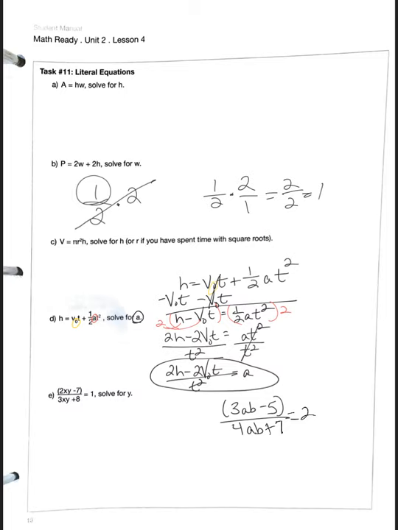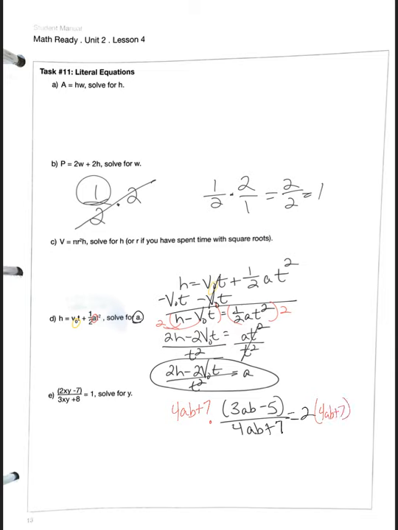Okay, the way you solve this is it's a complex fraction. Remember what I said a while ago? To get rid of a fraction, you multiply by its denominator. So we're going to multiply everything, both sides, by 4AB plus 7, because that's the denominator, and you got to do it to this side as well.